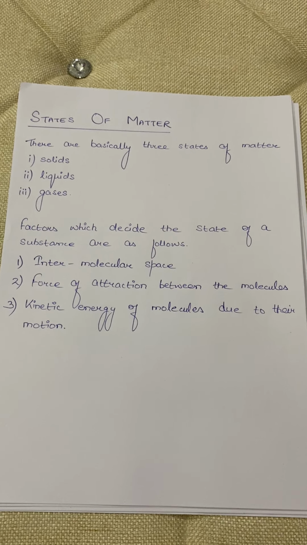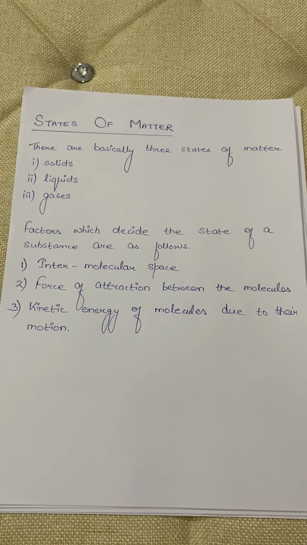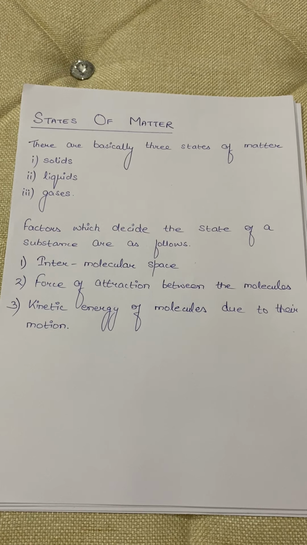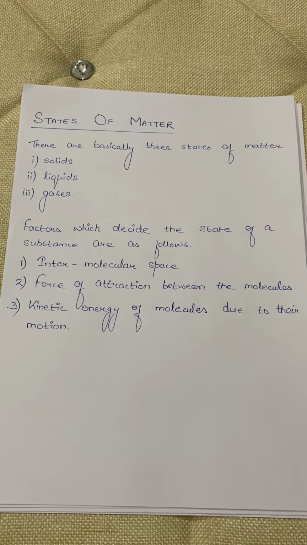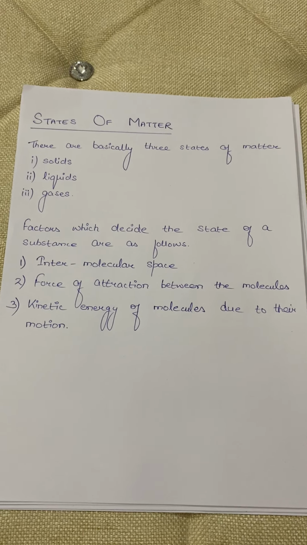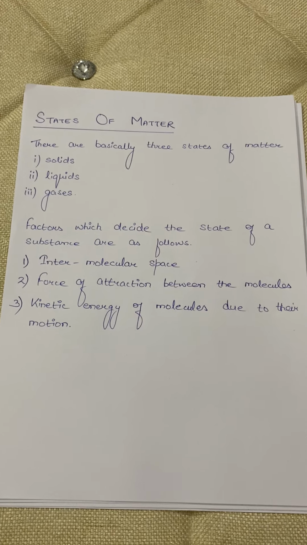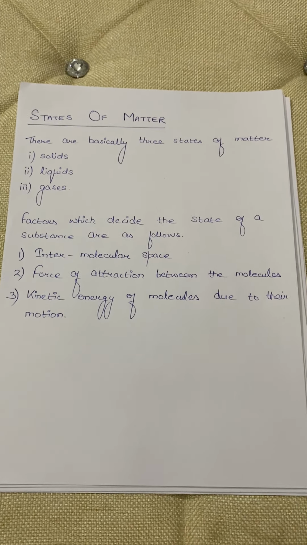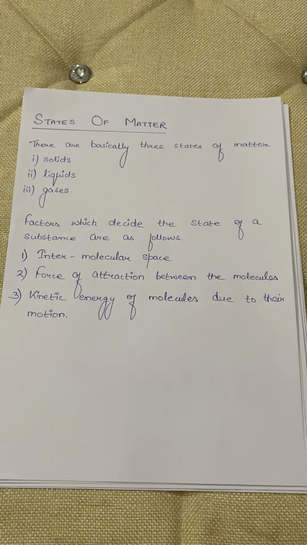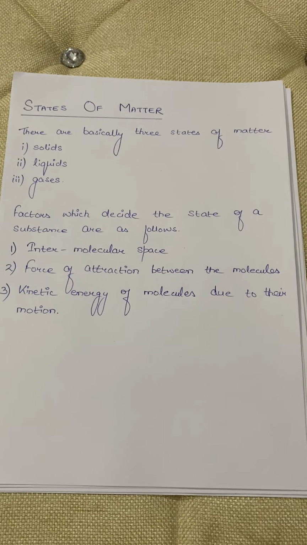And the third factor which decides the state of a substance is the kinetic energy of the molecules, which is due to their motion. See, the word kinetic has been derived from the word kinesis, which means in motion.